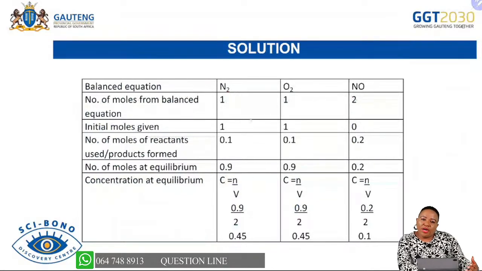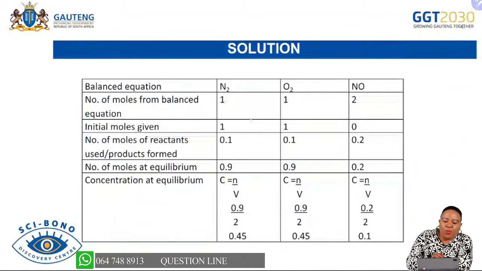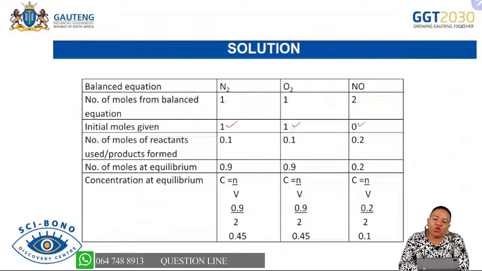Remember, we get the ratio from the reaction itself. You will see how many moles of each are reacting in order to form how many moles of a product. And then initial number of moles were provided: 1 mole of nitrogen and 1 mole of oxygen, and definitely there is 0 moles of nitrogen oxide at the beginning.